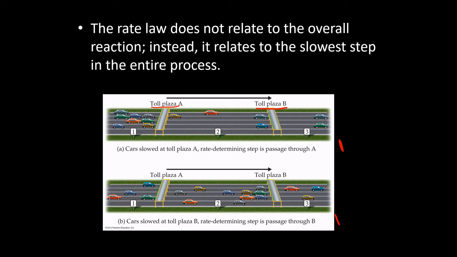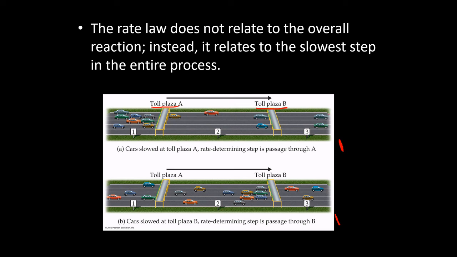If Toll Plaza B was slower than A, they would start to pile up here, which is actually what we see down here in the second possibility. But in this first one, because Toll Plaza A is slower and the cars are getting bunched up waiting to get through this toll plaza, that is really what the guy is measuring over here.